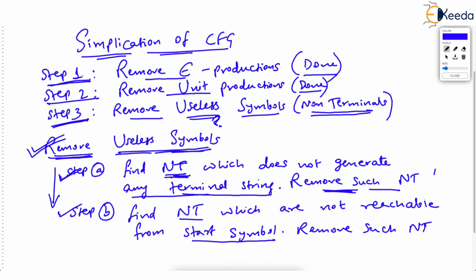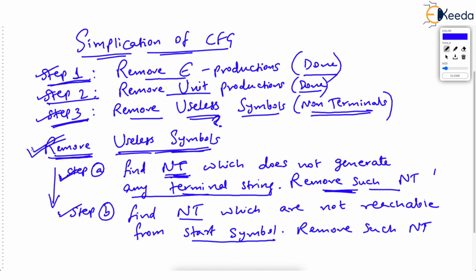Let me tell you that these steps have to be executed in the same order. That means you can't first remove useless non-terminals and then remove epsilon production and then remove unit production. First step, remove epsilon production. Then you go for removing unit production, and then you go for removing useless symbols.